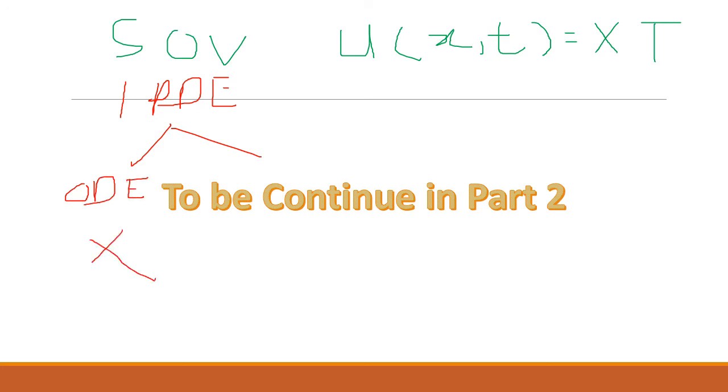So yang ni adalah satu. So daripada separation of variable, daripada satu PDE seperti yang kita dah tengok tadi, kita akan dapat dia kepada 2 ODE.